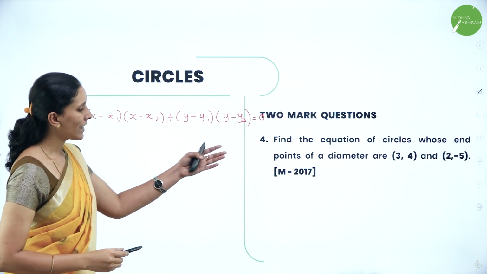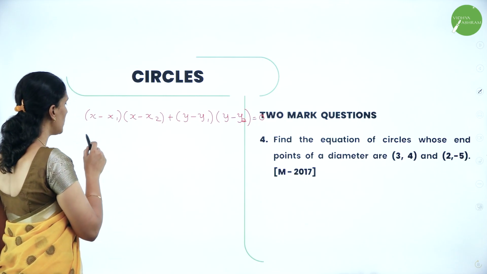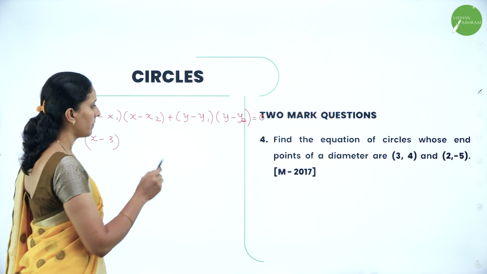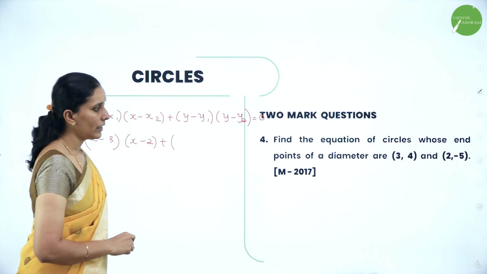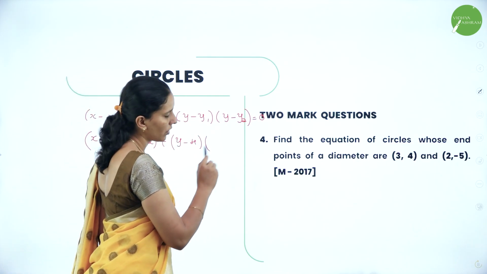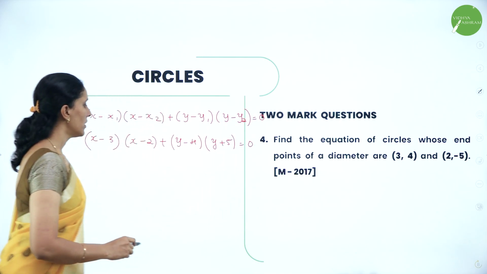So now let's take x1, y1 as 3 and 4, x2, y2 as 2 and minus 5. So x minus 3 and we have x minus 2 here plus. Next we have y minus 4 and y minus of minus 5 is y plus 5 is equal to 0.